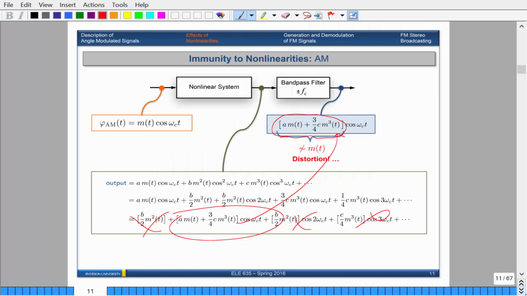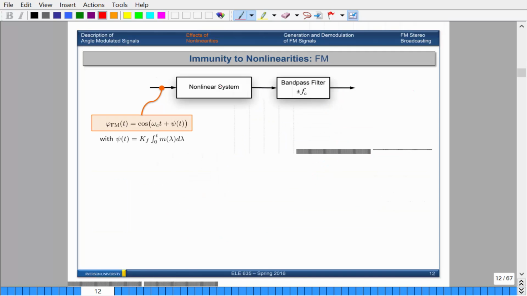If you take a look at frequency modulation, it's a little different. With frequency modulation, if you remember what the equation was, we're just going to use Ac equal to 1 for now, just to make things a little easier. Remember, you have your carrier, and then you are modulating the frequency. This was equal to the integral expression that we talked about before.